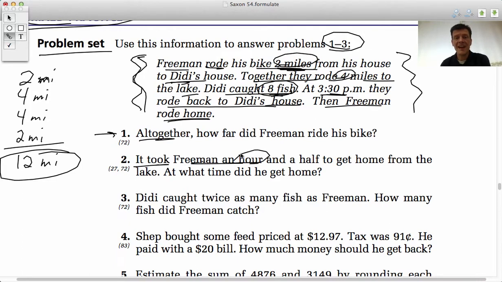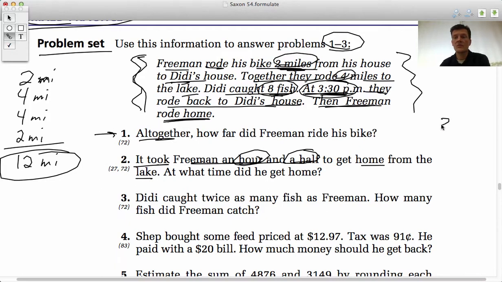It took Freeman an hour and a half to get home from the lake. At what time did he get home? Because it says here at 3:30 p.m. they rode back to Dee Dee's house and then Freeman rode home. So we're starting at 3:30 at the lake, and then it takes him an hour and a half.